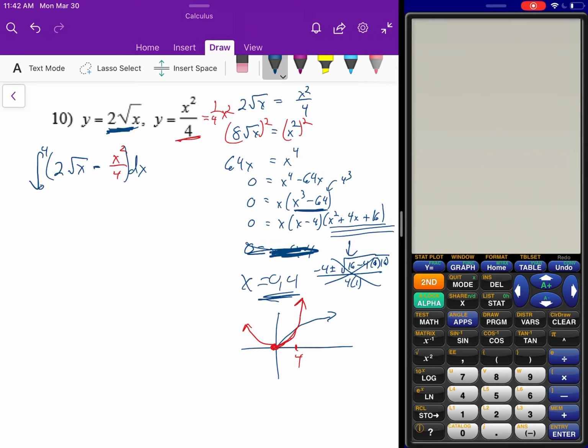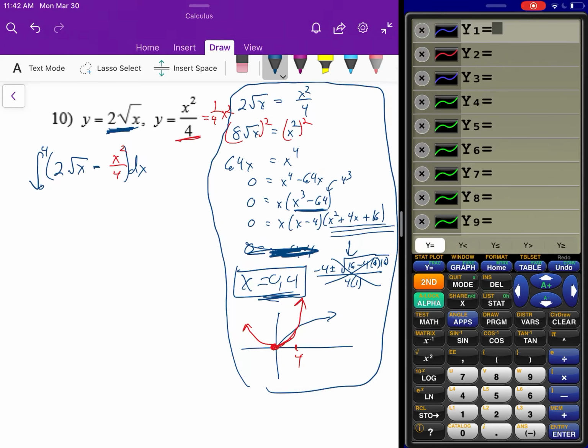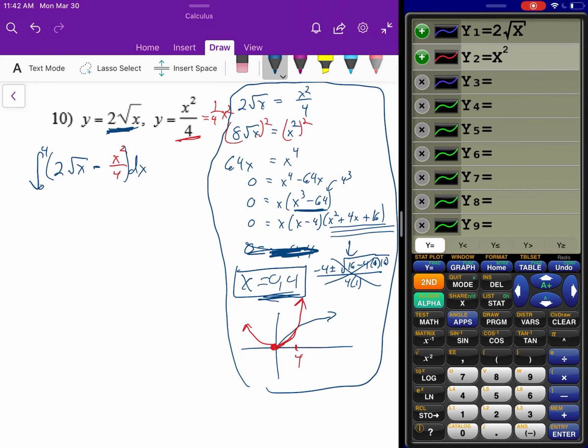So over here, I found the x values where they intersect. My guess is you're going to want to do it this way because you can just type them in here. So 2 times the square root of x is our first function. Our second function is x squared over 4.